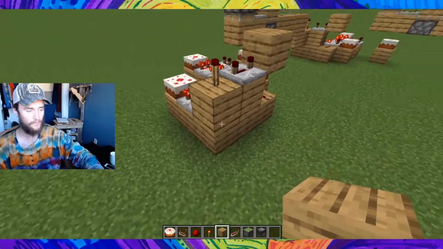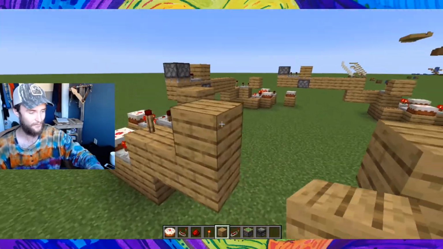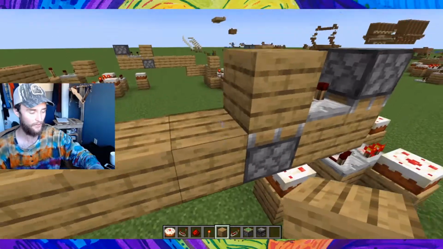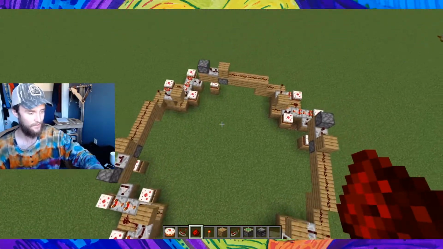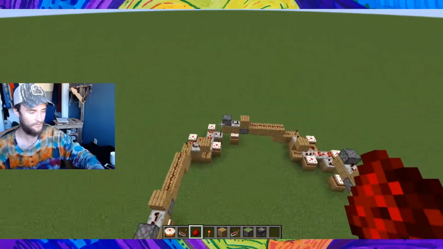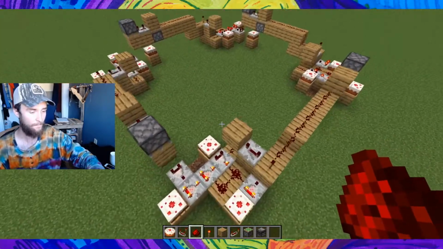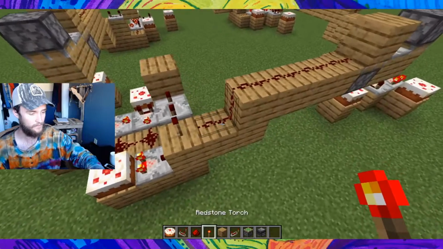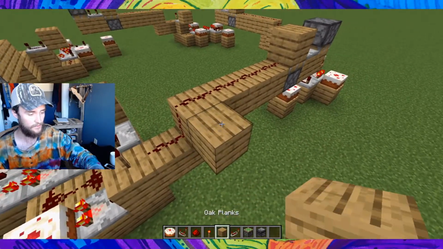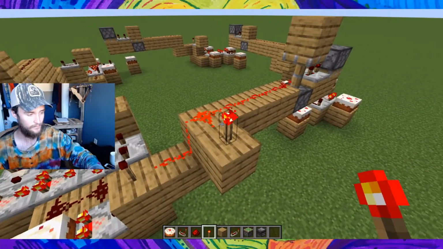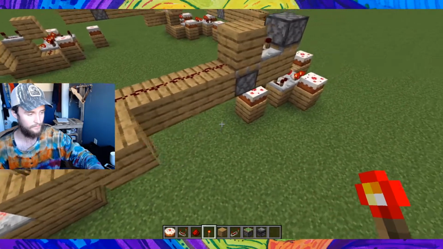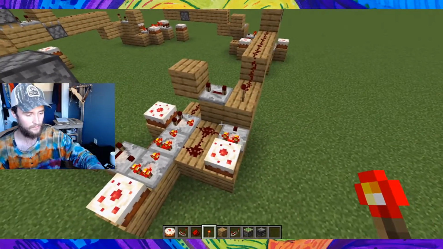Yeah, I think I have 4 of them all wired in a loop here. So it should be like the most basic neural circuit that keeps running. To start it off, we should be able to just... Okay. Something's going on.